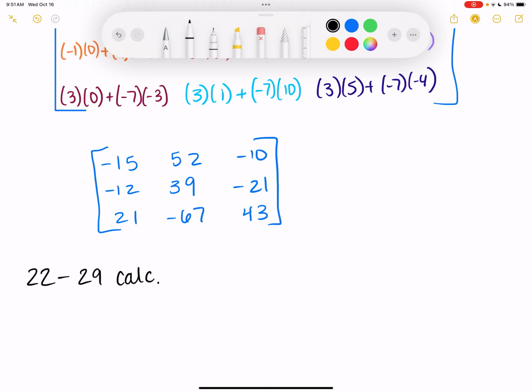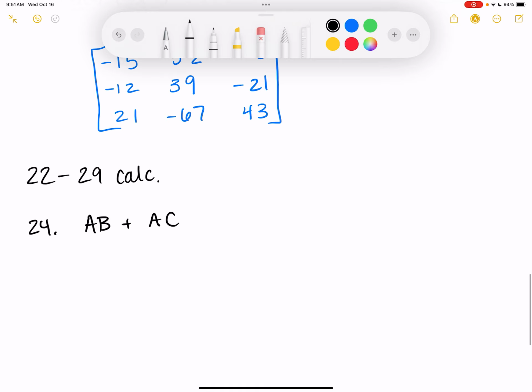So if I had 24, it says A times B plus A times C. I'll write them out, but normally you don't have to write them this way. You can just put it in your calculator. Matrix A is 5, negative 3, negative 2, 4.